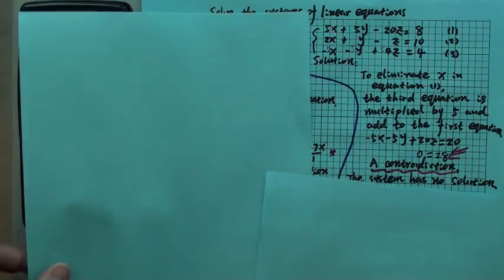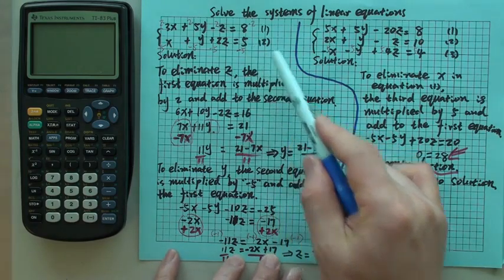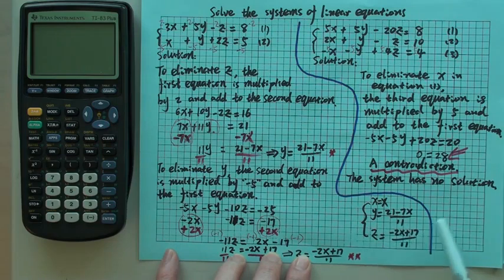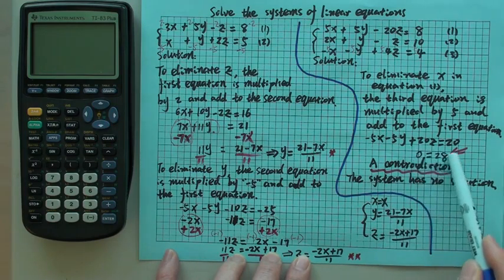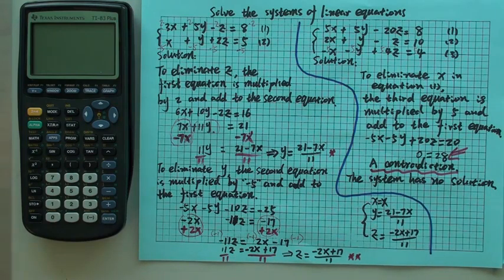Please review those examples. They're very typical. One has infinitely many solutions, like the first. The other is a contradiction, so the system has no solution. All right, I'll see you next time.